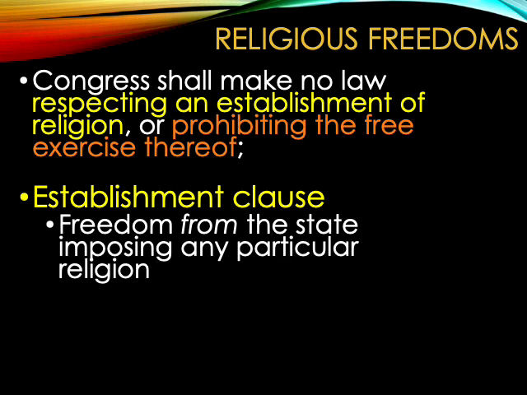What the Establishment Clause is saying is that you as an individual have freedom from the state imposing any particular religion upon you. In other words, the Congress, and this would also apply to the states and local governments, cannot establish a religion.